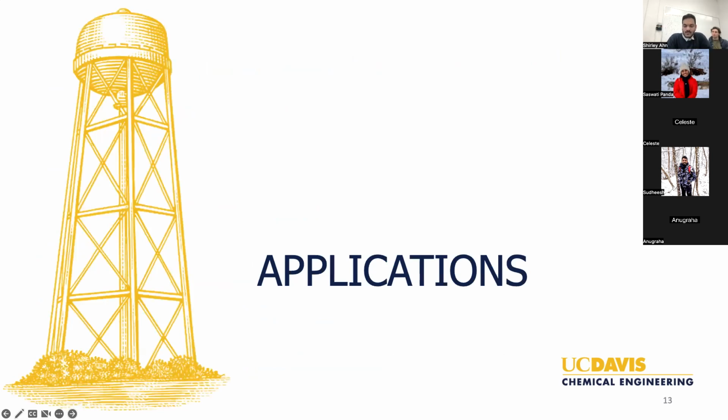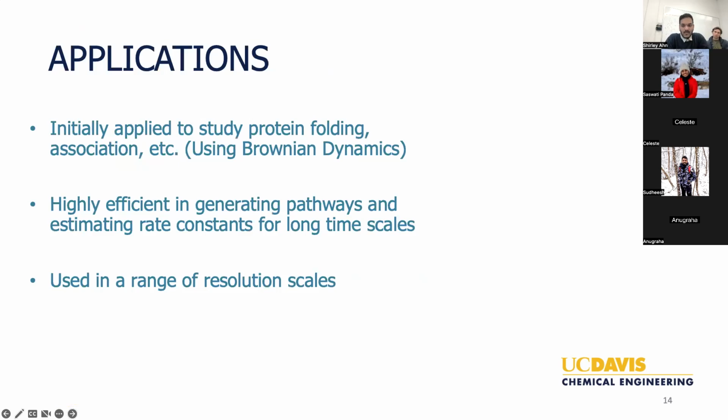So weighted ensemble simulation as of now has been mainly used in bio-based applications. Initially, when Huber and Kim proposed this particular algorithm, they were using it to study Brownian dynamics at the University of Wisconsin-Madison. And what is seen is that WE is very efficient in generating complete pathways and trajectories, because we are letting the system go across the energy profile or the configuration space on its own, rather than biasing it towards moving.